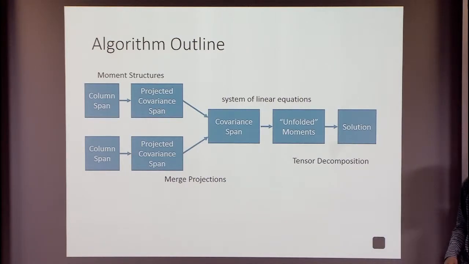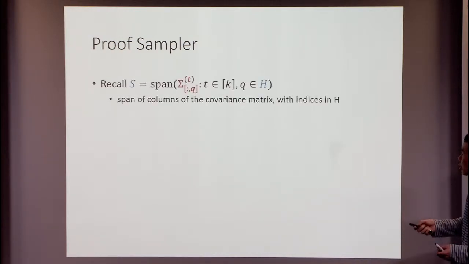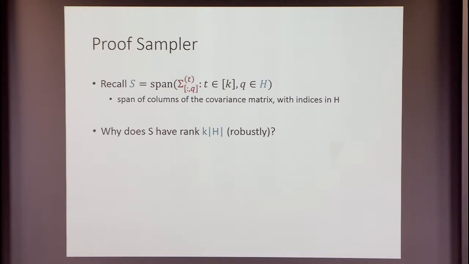So in the remaining maybe 5 minutes that I have, let me show you just a very simple lemma in the paper that gives you a flavor of what we need to show for the smooth analysis setting to work. Recall we have this definition of S. We want to say, for example, this S should have rank or dimension exactly k times h.